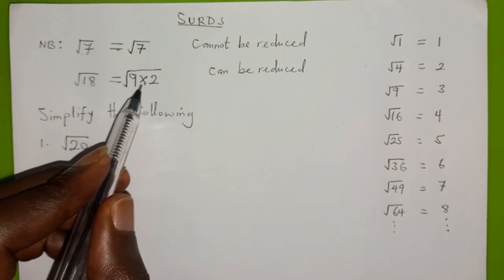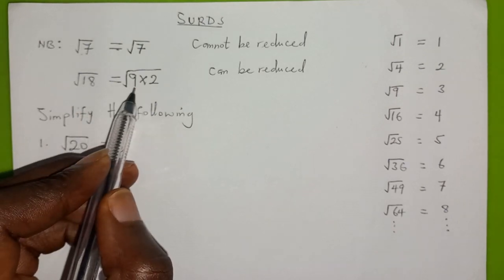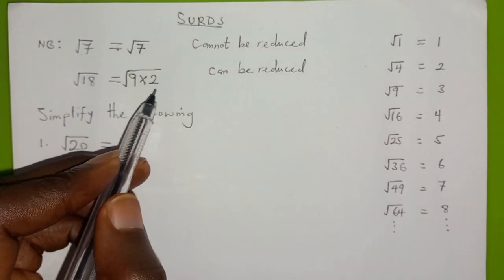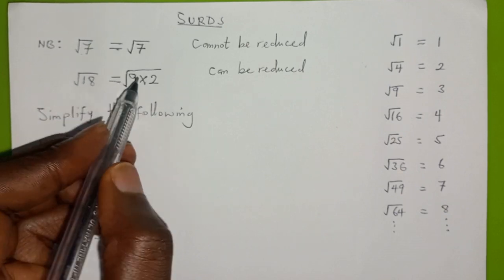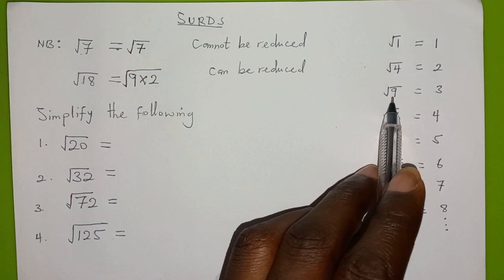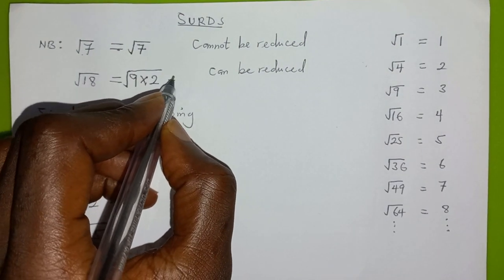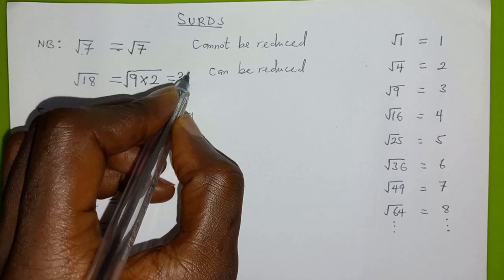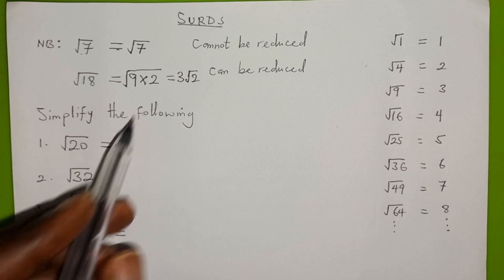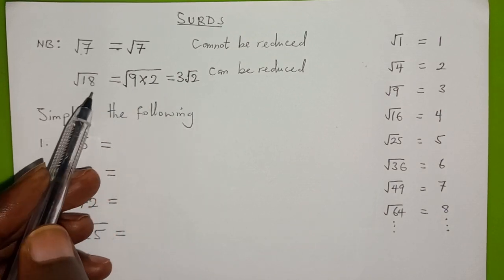So 9 by 2 is 18, so I have not changed anything. 9 is a perfect square, and 2 is just an integer. So what is the root of 9? We said the root of 9 is 3, so I can re-express this as 3 root 2. So this is how we normally simplify surds.